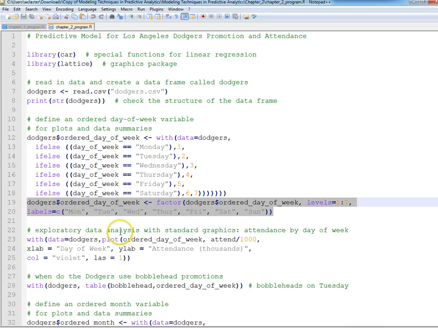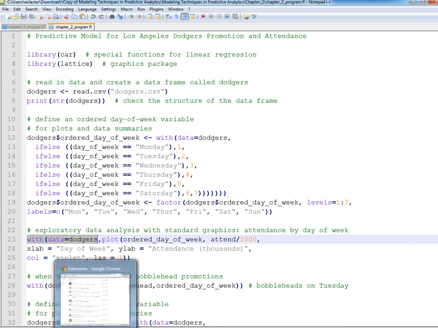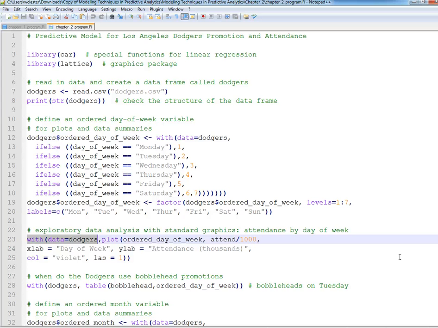So exploratory data analysis with standard graphics, attendance by day of the week. Okay? Now, what's this part do? That allows us not to have to refer to the data frame name all the time, right? Same as we've seen many times already. So what's he doing beyond that? He's plotting. Okay?